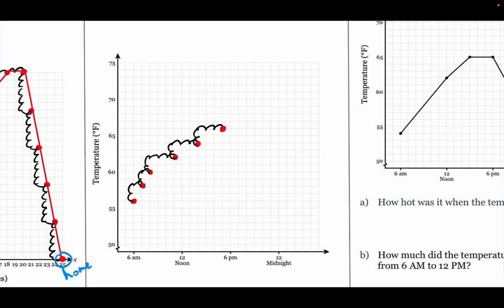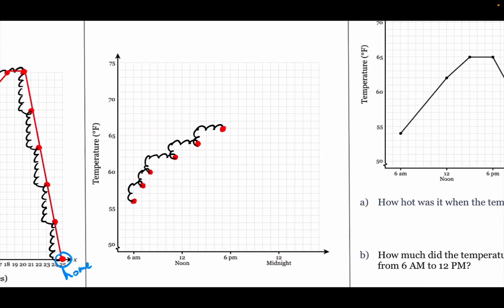So not every 1 hour, every 3 hours it went up 2. So that's why I went up 2 over 3. The temperature's still going up, just like right now. Temperature doesn't usually come down until the late, almost evening, when the sun starts to go down a little bit.